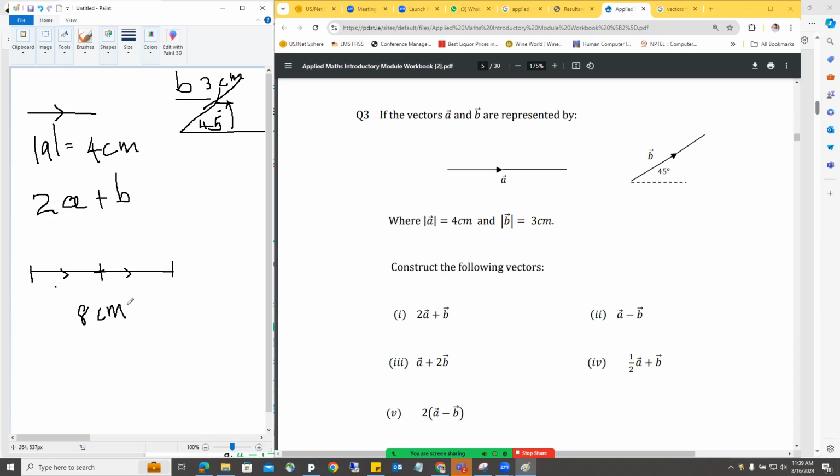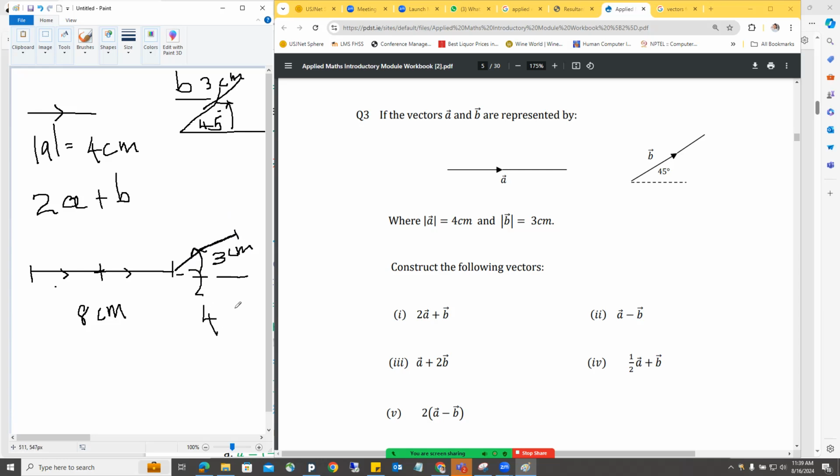Then 2a plus b means, now what will happen? We have to start from here and then we need to measure a 45 degree angle as well. Let's assume now here we have 45. Then we need to go up to 3 centimeters. So here the length would be 3 centimeters.